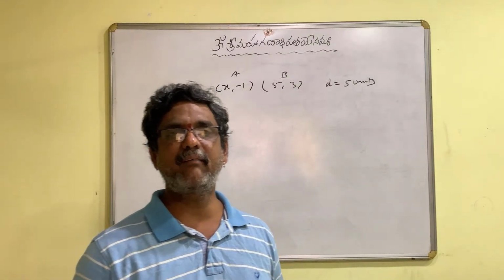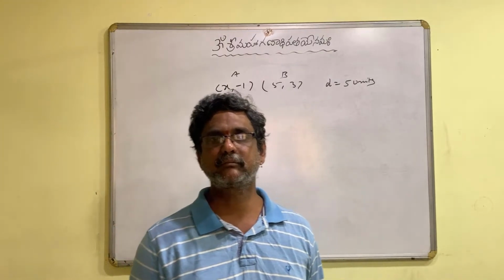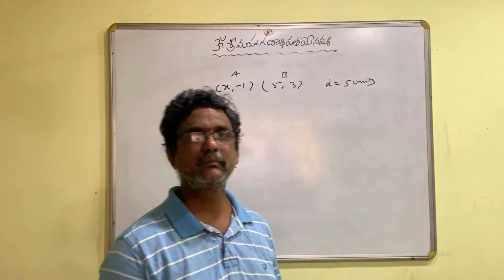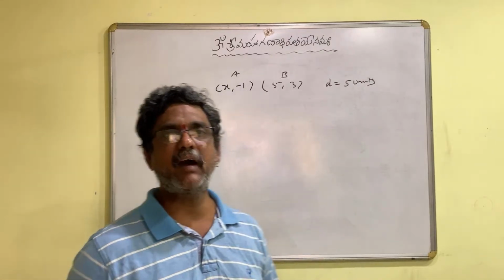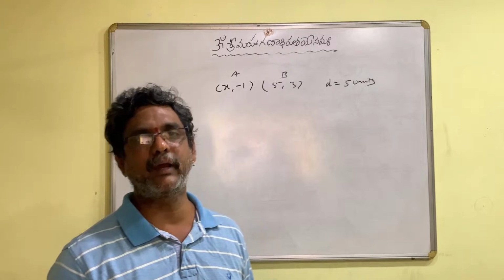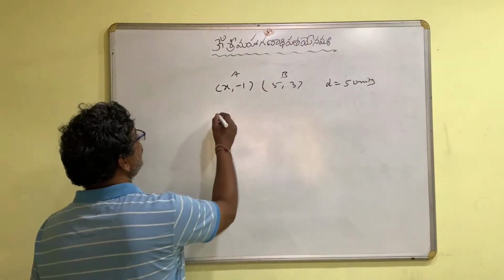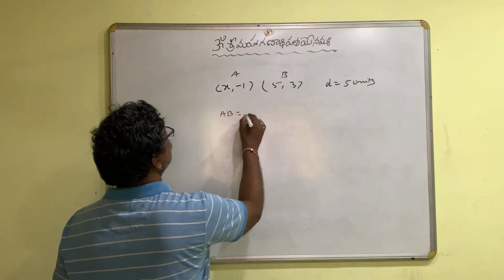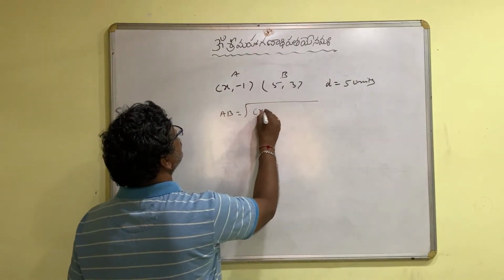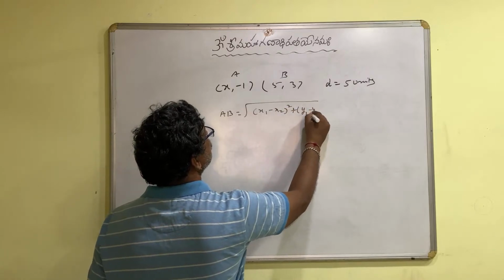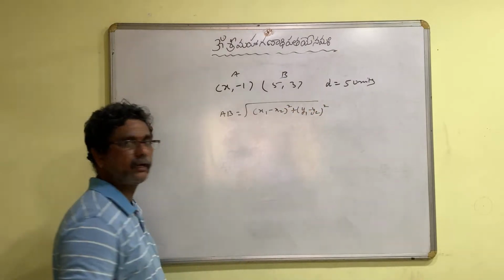The other day we have discussed this. First, what do we have to do? We need to apply the distance formula for the given points. What is the distance formula? Root over (x1 minus x2) whole square plus (y1 minus y2) whole square.